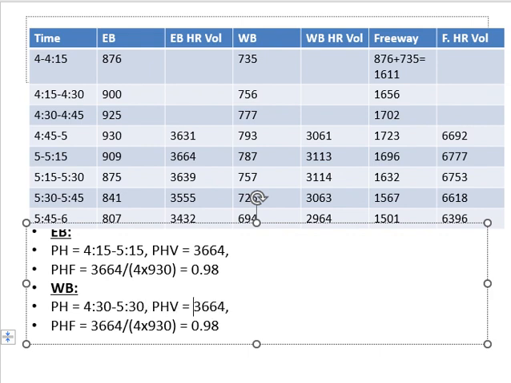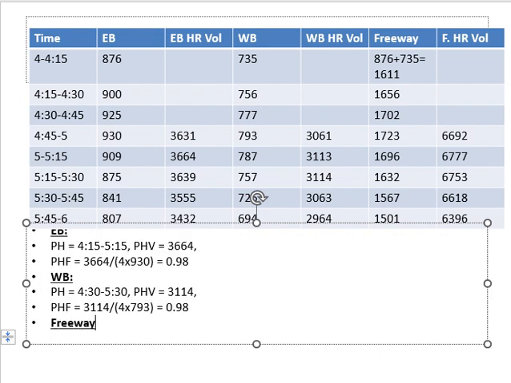Okay, the volume is 3 multiplied by what? 7? 7, 9. And this is 0.98.